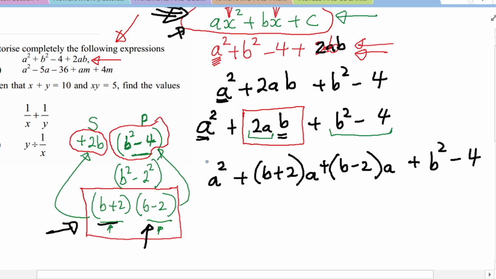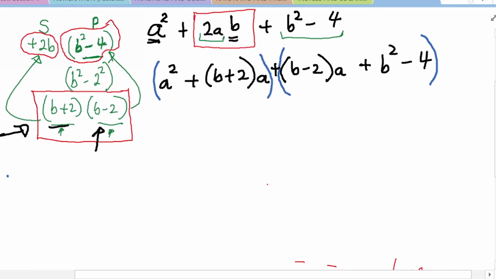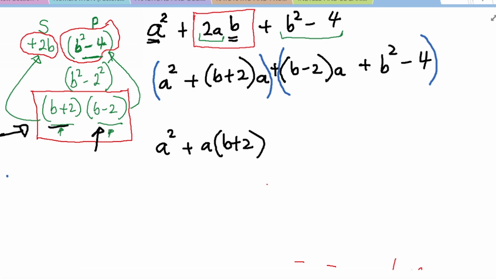All right, so now we are going to factorize here. So we put that and that in the brackets, then we put these other two also in the brackets. Let's continue. From there, what we have is a squared plus, let's first maintain this. Let's put a outside the brackets there into b plus 2. Then we have plus the other bracket.